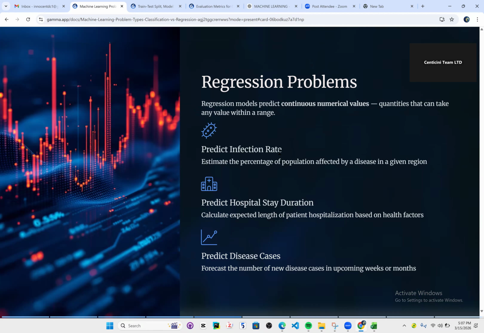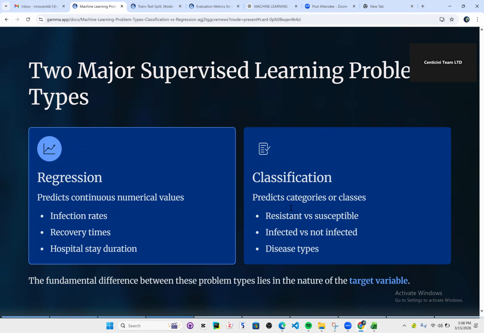Let's assume stroke is an infection in this scenario, even if it's a non-communicable disease. In that case, it is stroke or non-stroke, and that's what we call a classification, right?